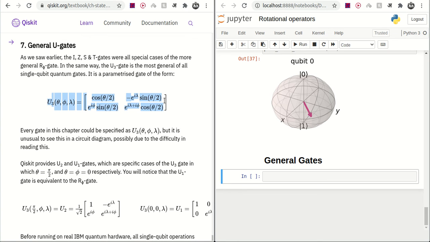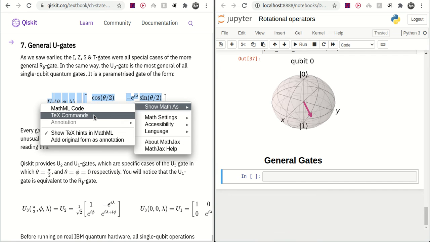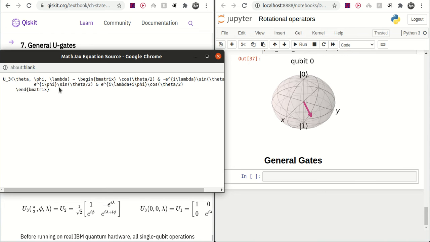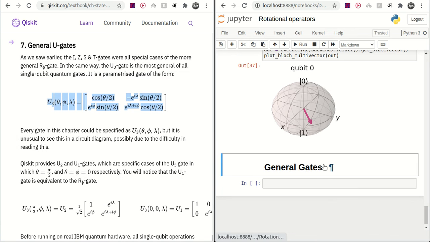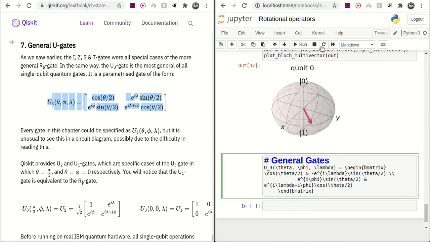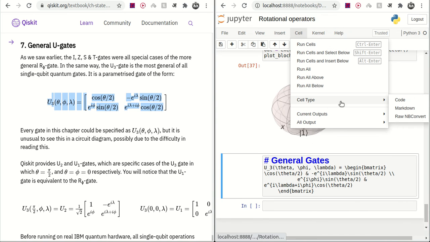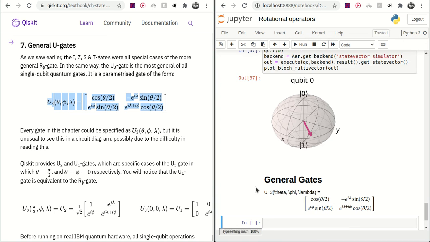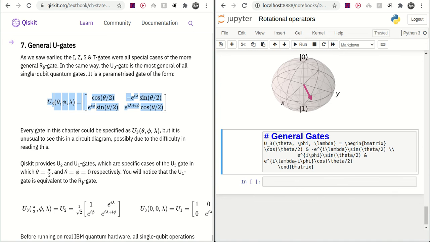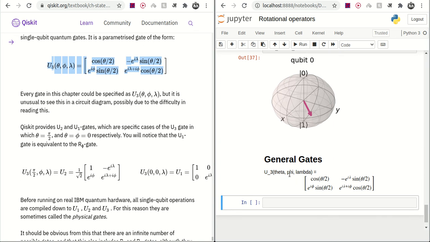This is the format of any such gate, which can be defined with theta, phi and lambda.